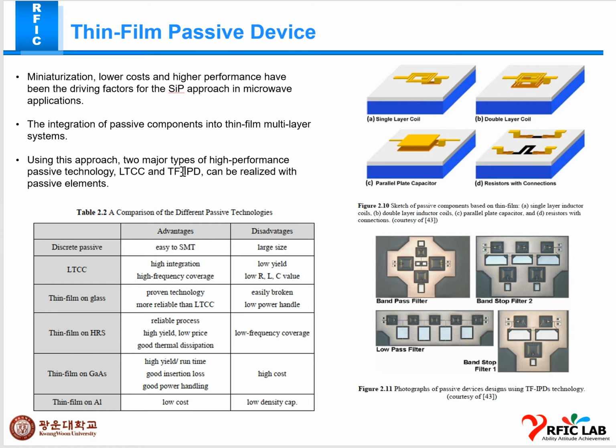This uses two major approaches, high performance LTCC and TF-IPD, that can be realized with passive elements. As you can see in this photograph, there is also band pass filter 2, a low pass filter, and band pass filter 1.